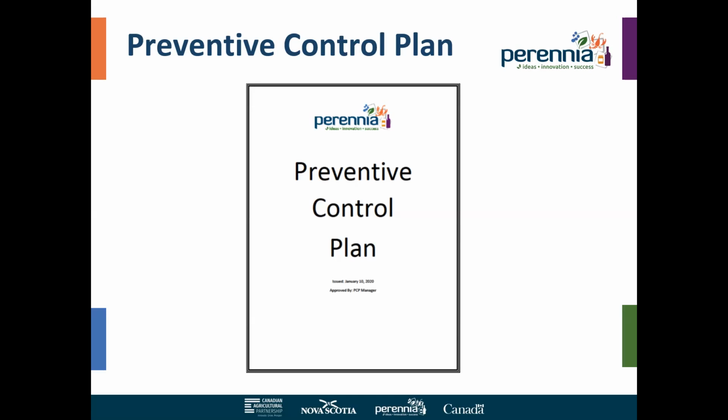So your preventive control plan is similar to your HACCP plan, but it also incorporates market fairness, so the food fraud, and then if you were dealing with any livestock, the humane handling of the animals, that's a part of the preventive control.